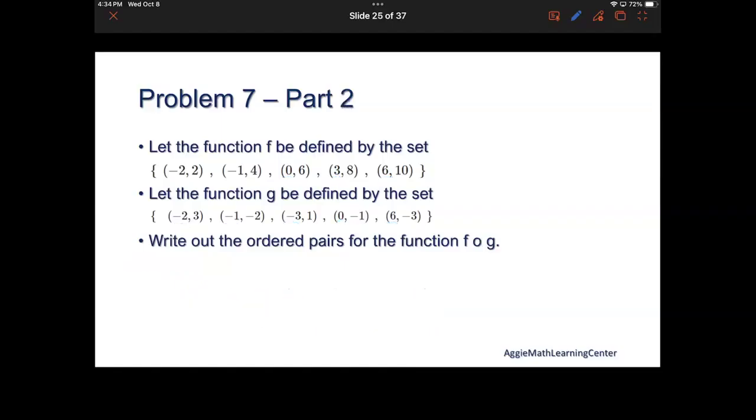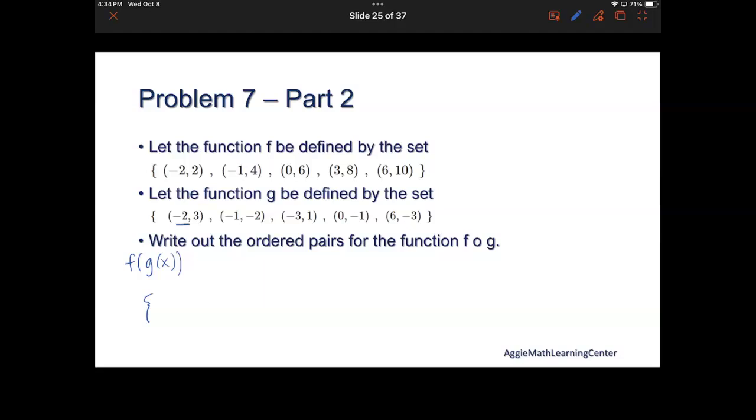Okay, same deal. I want you guys to kind of drive on this one because I'll give you the roadmap, and it works exactly the same way. I'm going to do one example, and then you guys are going to help me. So I need to go like this. I have an input in the function g that gives me an output that is an input in the function f. So I'm going to check.